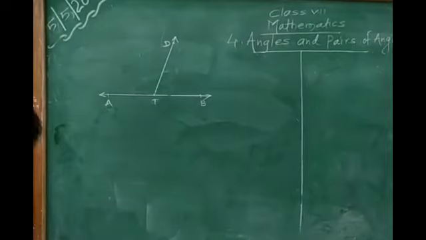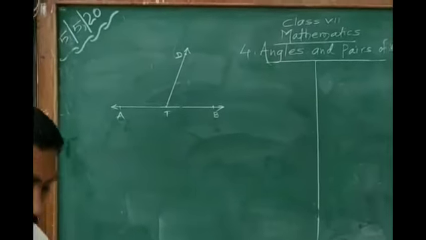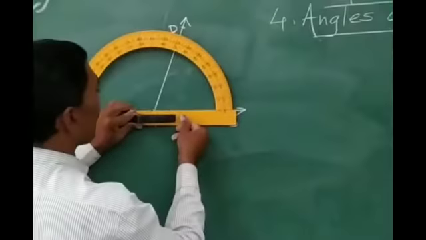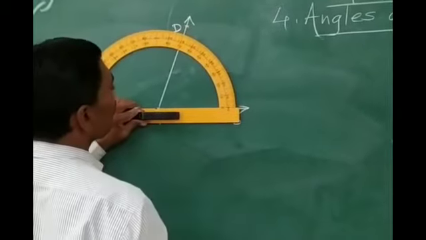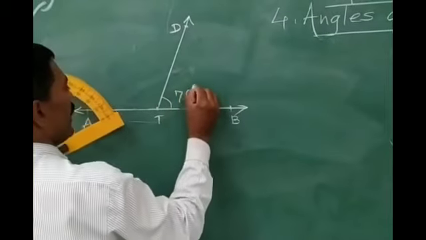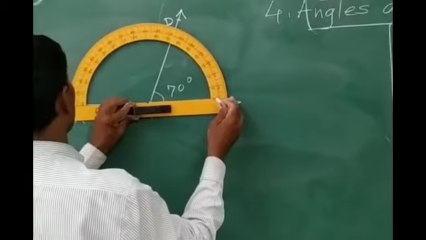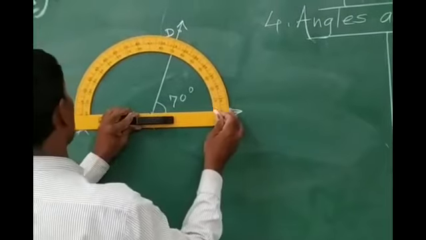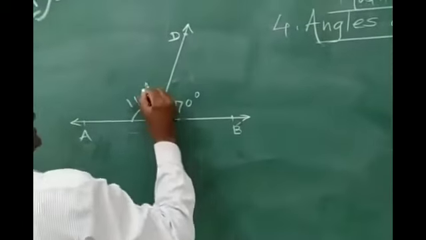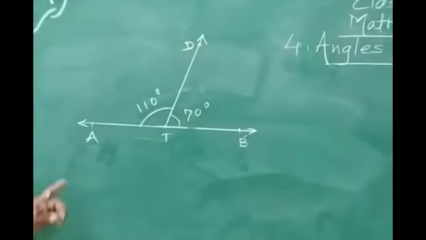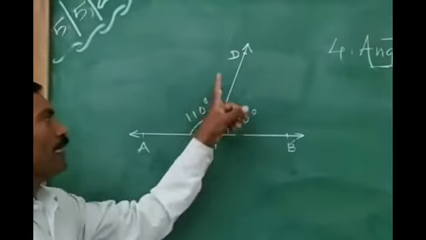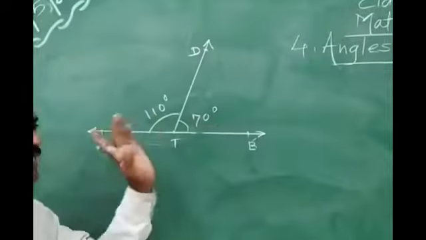Now I am going to measure the angles. The measure of this angle is 70 degrees and the measure of the other angle is 110 degrees. That is, the measure of angle ATD is 110 and the measure of angle DTB is 70 degrees.